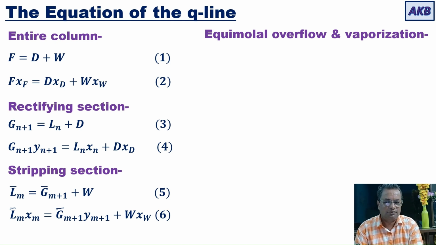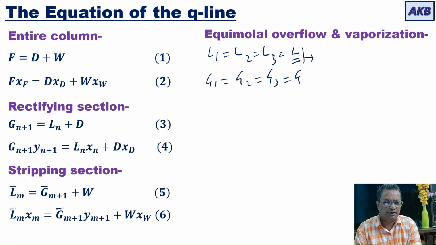That is, in the rectifying section you have L1 is equal to L2 is equal to L3, that is equal to L. That is, the molar flow rates on plates 1, 2, 3 are equal, and we are going to denote that by L. Similarly, in the rectifying section, for vapor flow also, you will have G1 is equal to G2 is equal to G3, and we are going to denote that by G.